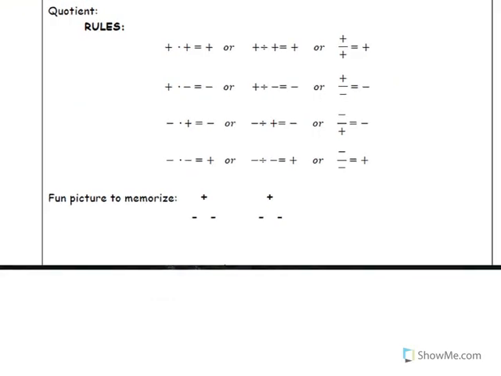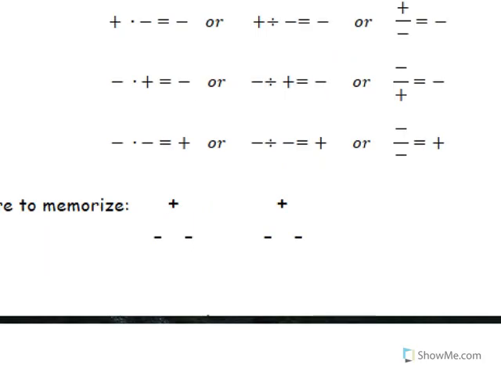So now, moving on. This is a fun picture to memorize. Let me show you how it works. It looks kind of like a little triangle. You're going to think of a math problem that you might have. So maybe you have a positive number times a negative number. The answer to that is going to be a negative number.